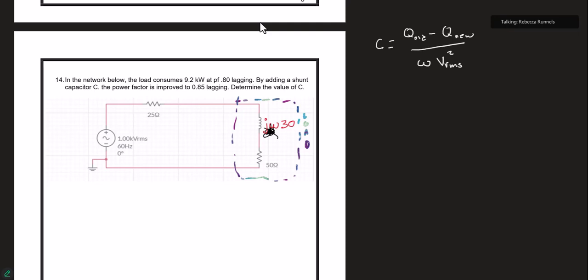Who knows? Okay, so let's see. Omega, how do we find omega? 2 pi times the frequency, and our frequency is 60, so 2 pi times 60, and that is 376.9.